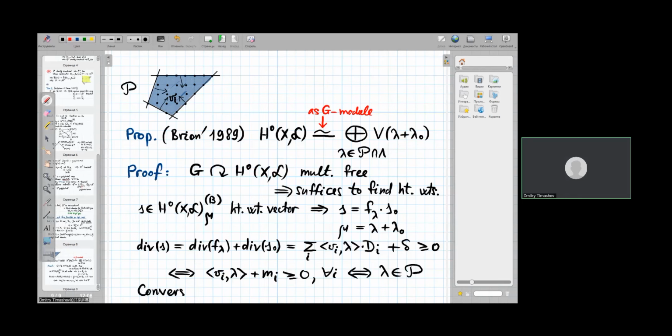Conversely, any lambda which is a lattice point in this P corresponds to some S, which is a highest weight vector in the space of sections corresponding to the highest weight lambda plus lambda naught.